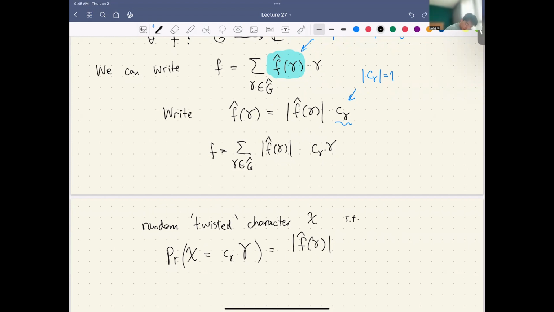We normalize by the sum of all such numbers.